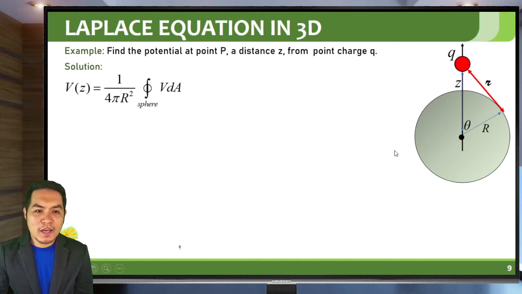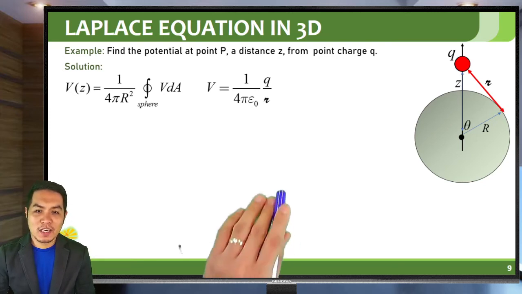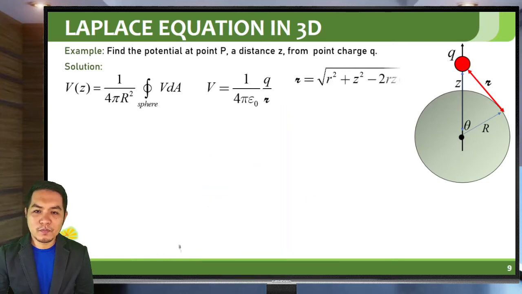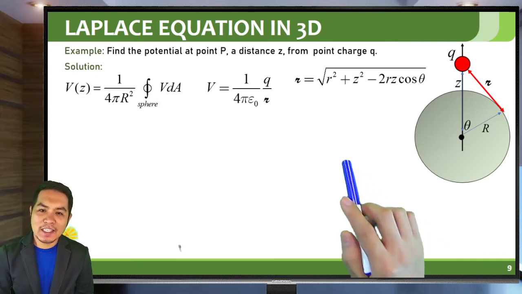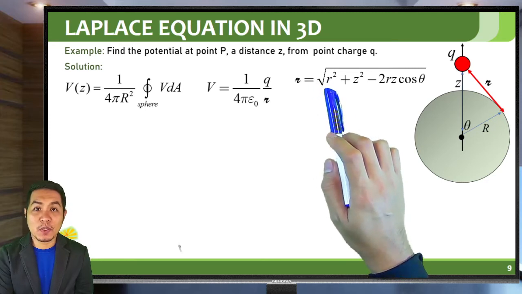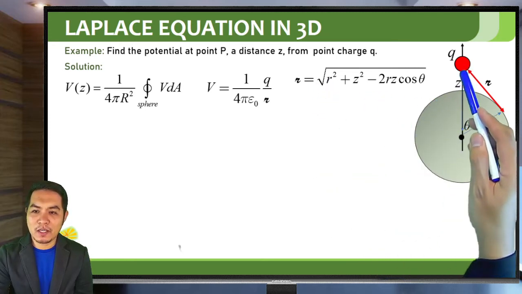So we use the method of relaxation, where our V here is of course the potential of a point charge, 1 over 4 pi epsilon naught q over curly r, where our curly r here is the distance from the charge to any point inside the sphere, and that is given by this equation. So we use the cosine law here. This is our triangle.